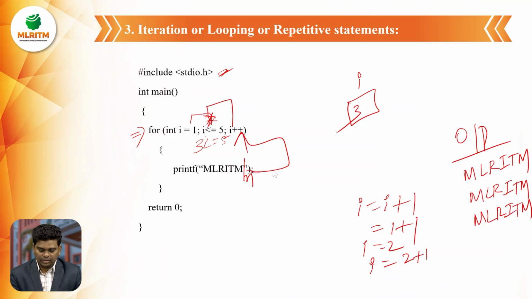Then again the compiler goes to the modification, that is i plus plus. The i value becomes 4. Then test the condition: 4 less than or equal to 5, again true. Then display MLRITM.